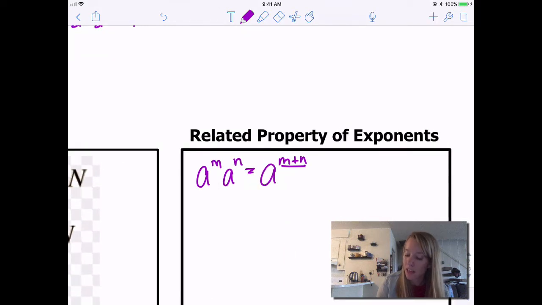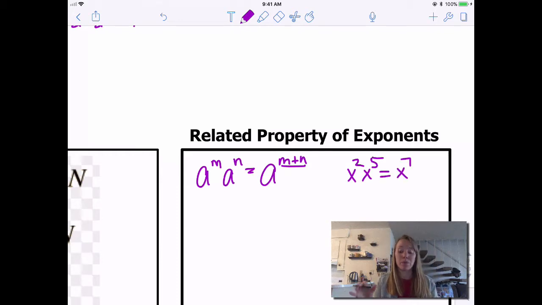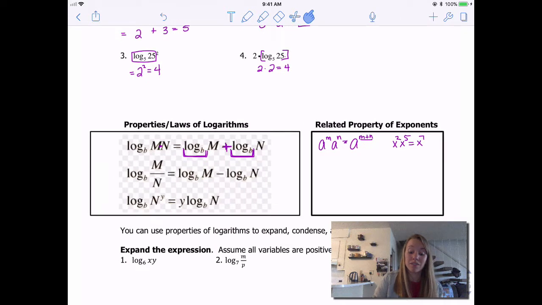So x squared times x to the 5th is x to the 7th. This makes sense to us because logs equal exponents. So logs should also act like exponents do because they're just another way to write them. So if I'm multiplying, I can relate that with adding.